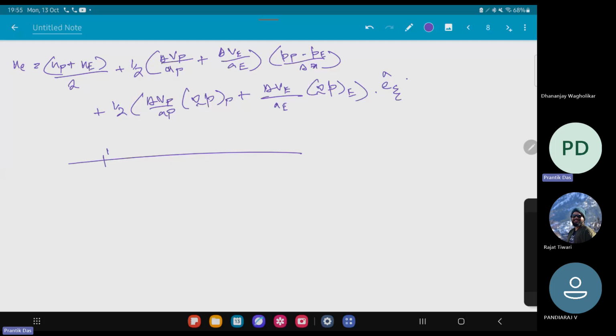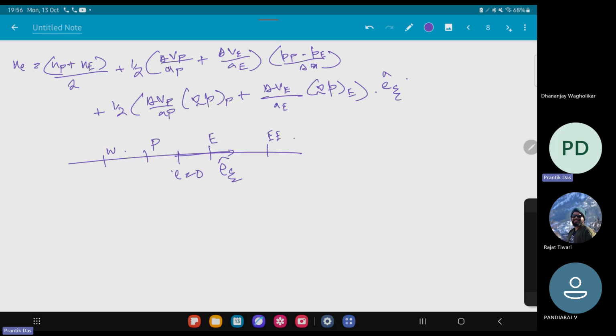So typically this one is W and this one is P, this one is E, this one is EE, and this one is your origin, zeta equals to 0, and this one is e of zeta cap.